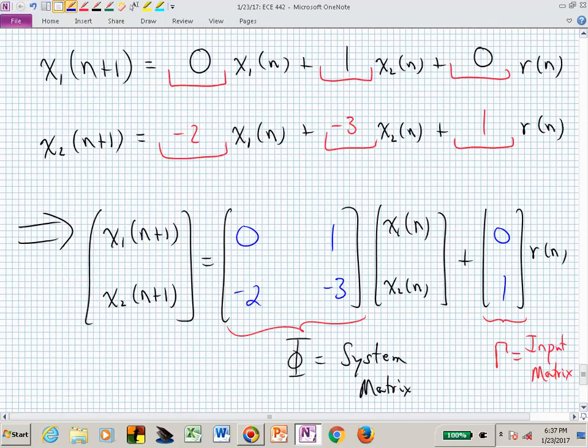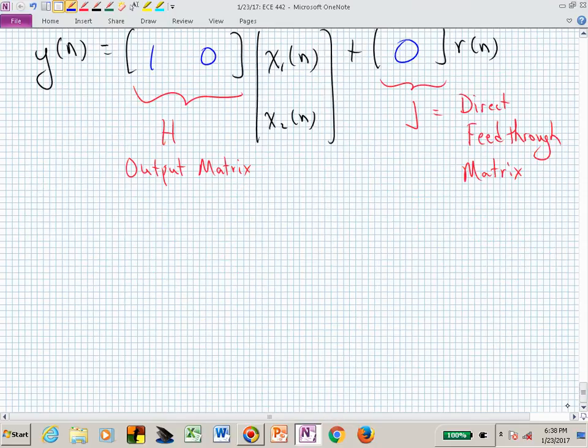Now, if you're playing along, you've probably already figured out what the eigenvalues of phi are. Yes? No? If not, we can find them. Those will be the natural modes of our system. And we've already found those before because I stuck with the difference equation, w of n plus 3 w of n minus 1 plus 2 w of n minus 2.